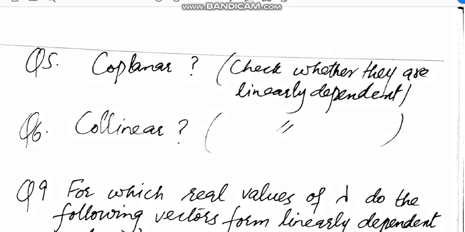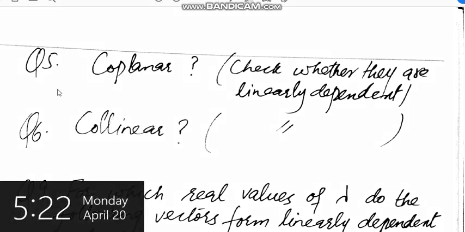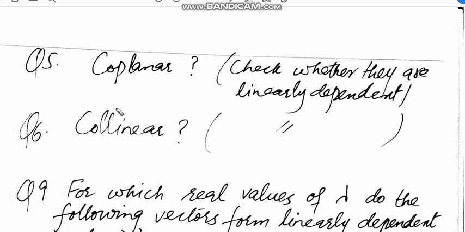So in this question, put the given vectors equal to the 0 vector, and if that is equal to the 0 vector, then you will get a system of equations, those are equal to 0.